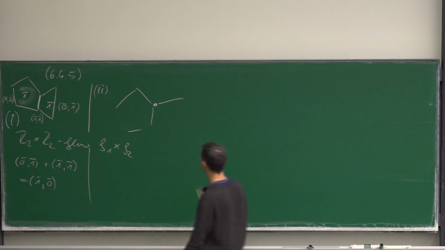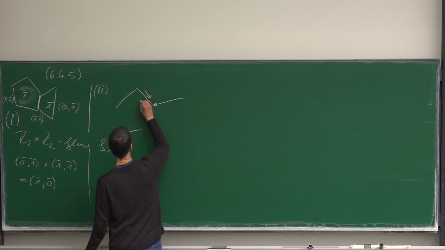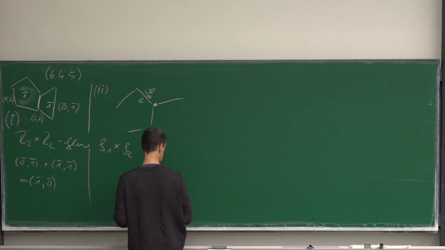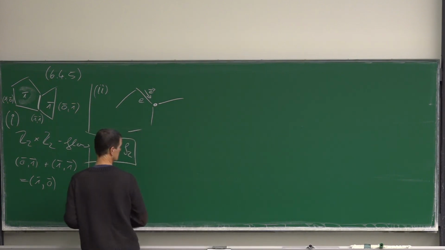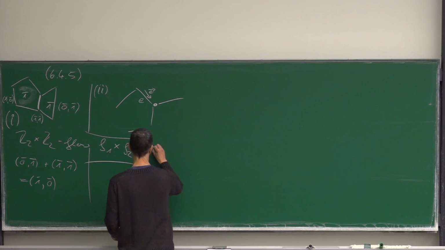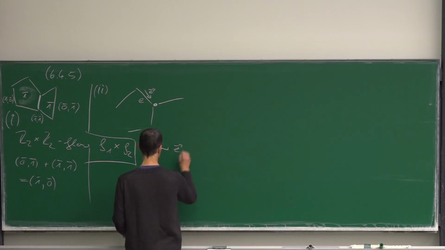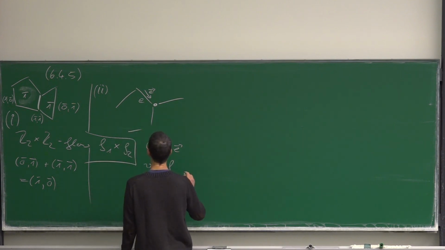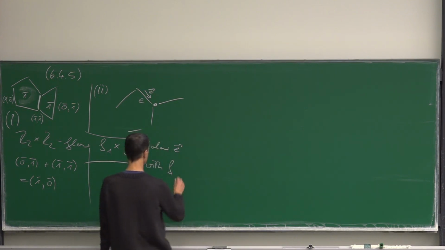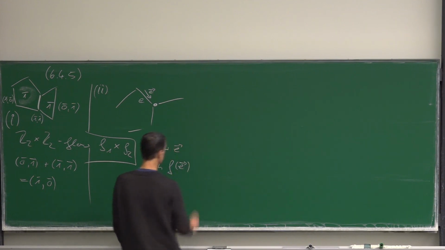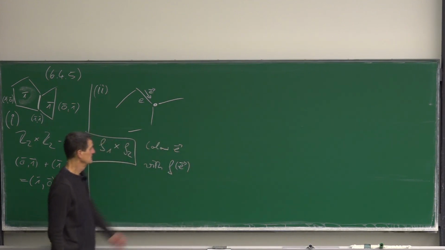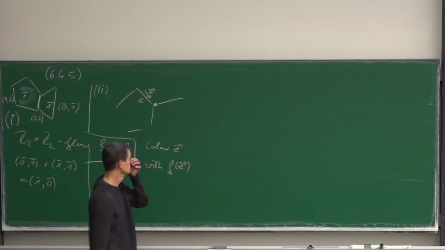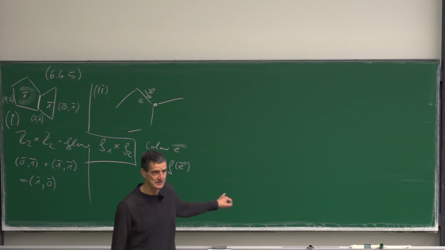And we color the edge e with its value under this flow, with f of e arrow, where f is our given Z2 by Z2 flow. So is that well defined?